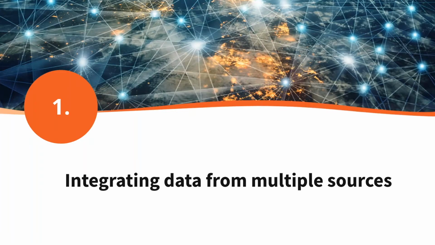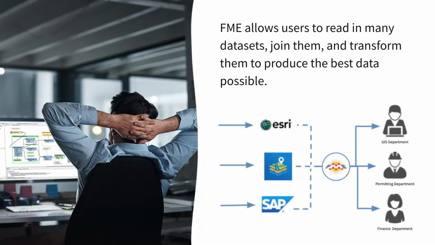So the first thing we wanted to talk about is integrating data from multiple sources. These sources can be compatible with ArcGIS Online and they can not be compatible with ArcGIS Online. It doesn't really matter. We work with data all the same. So FME was really made to allow users to read in different data sets, join them, transform them to produce the best data possible.